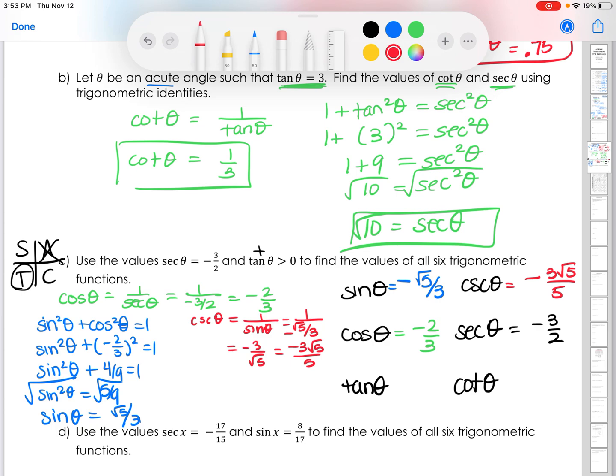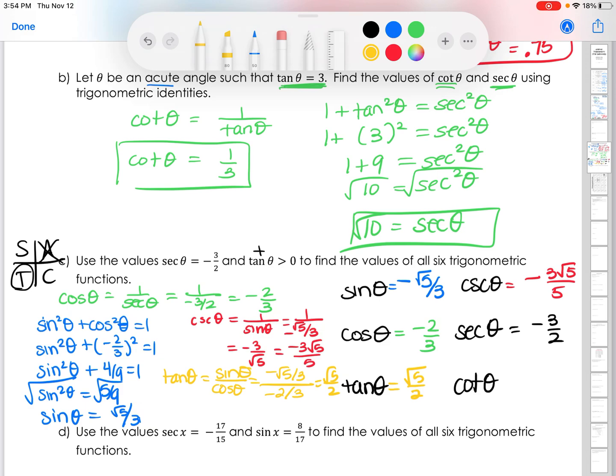All right, and lastly, we need tangent and cotangent. So we know for tangent that it's sine divided by cosine. So that's going to be -root 5 over 3 divided by -2 over 3. The negatives become positive and the 3's cancel, so we're going to get root 5 over 2.